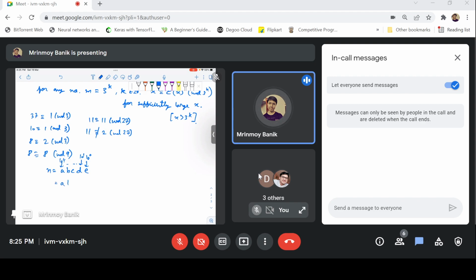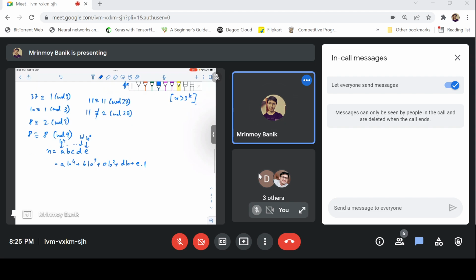So it's basically a times 10 power 4 plus b times 10 cubed plus c times 10 squared plus d times 10 plus e times 10 power 0.